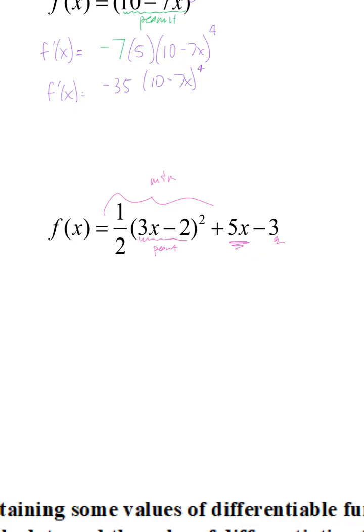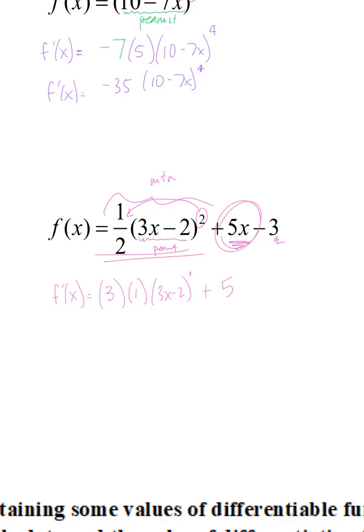So sometimes you may have to do the chain rule along with other stuff. So I'm going to start with this peanut M&M situation. The derivative of the peanut is 3. The derivative of the M&M, so I take 2 times the 1/2, which equals 1. I keep my parentheses and subtract 1 from that exponent. Now I'm going to move on to this term. The derivative of 5x is just 5.